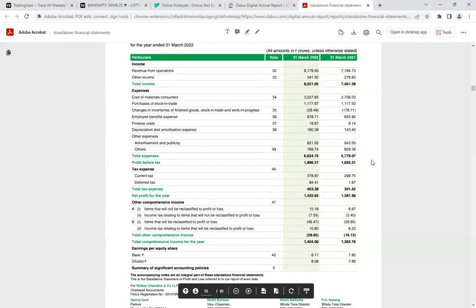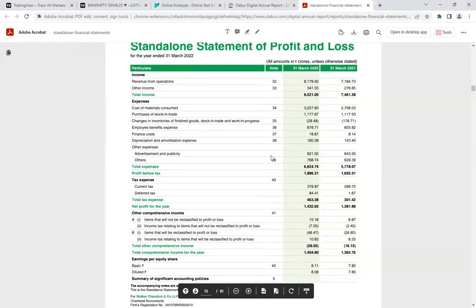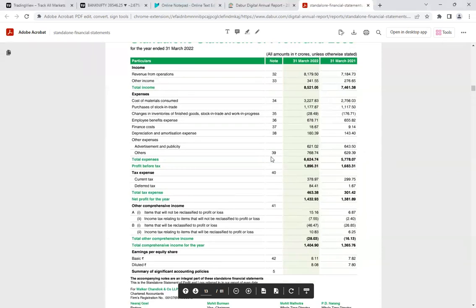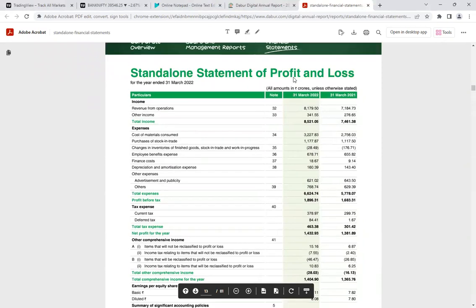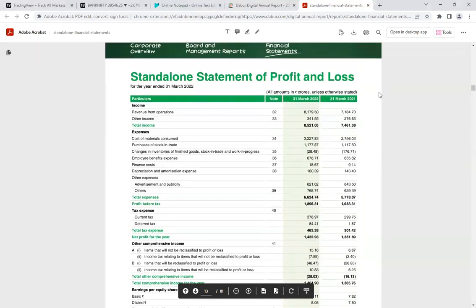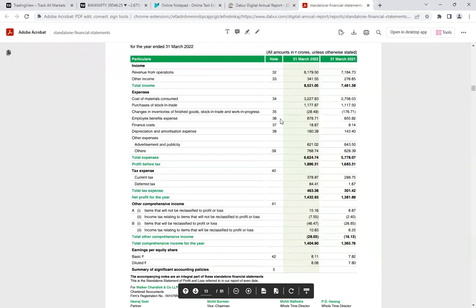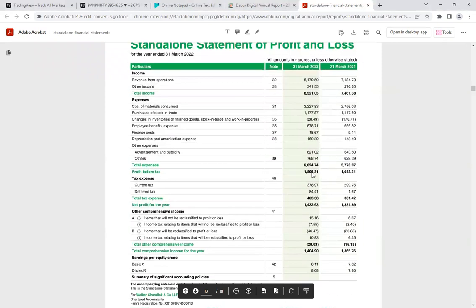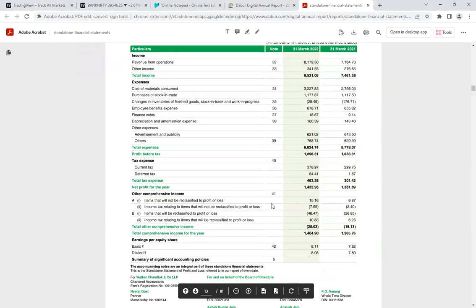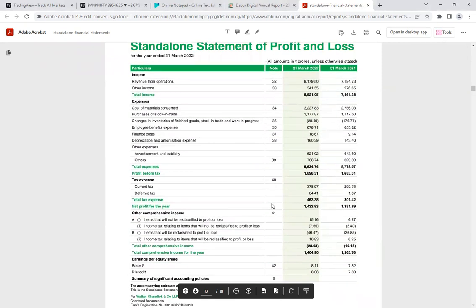So this is what the profit and loss statement information is. To summarize again, a profit and loss statement is simply a statement from a publicly traded company which gives us information about income, expenses, and net profit out of that. This information is required for shareholders because they can understand the ability of the company, or how much profit the company is generating for the duration of 1 year or 3 months.